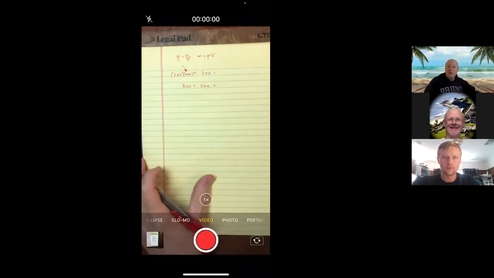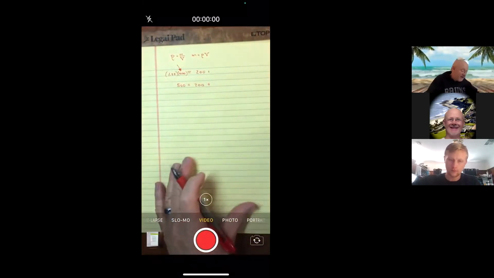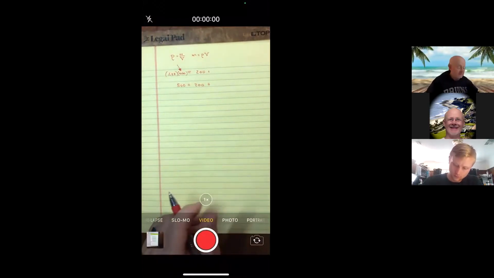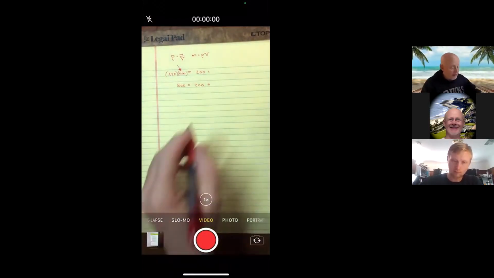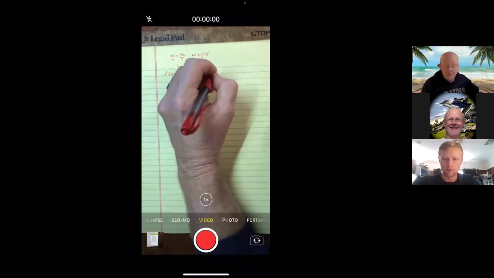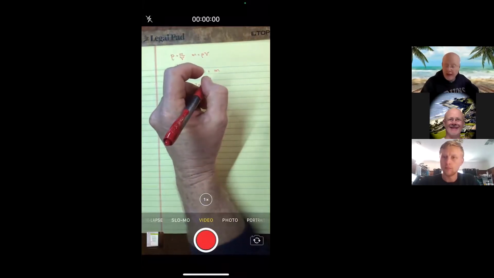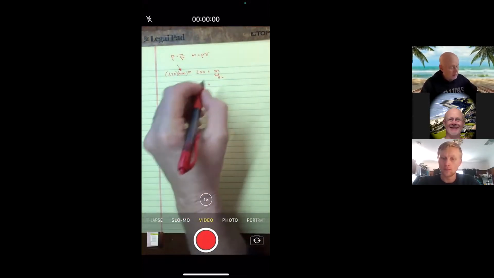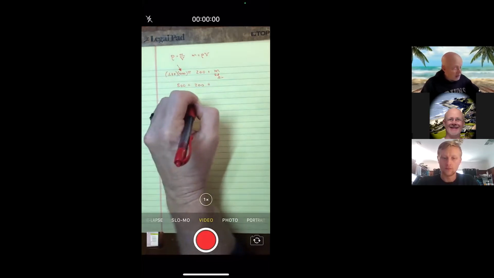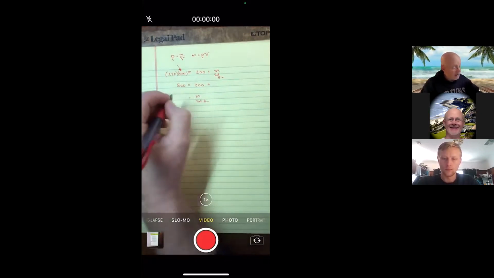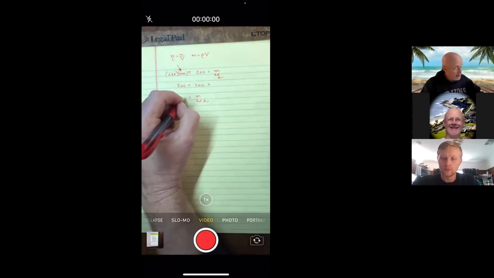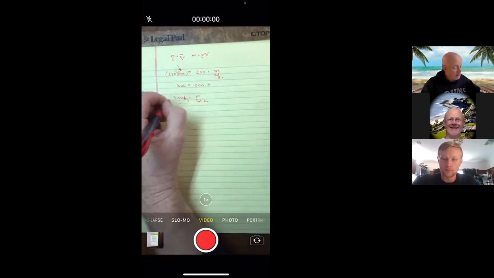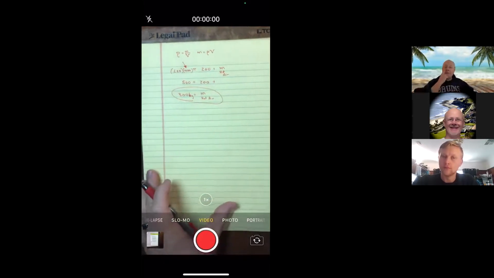Alright, so the balloon is displacing 500 kilograms. And then, of course, maybe I'll just put here the mass of the hot air. And so if I solve this for the mass of the hot air, I get 300 kilograms.